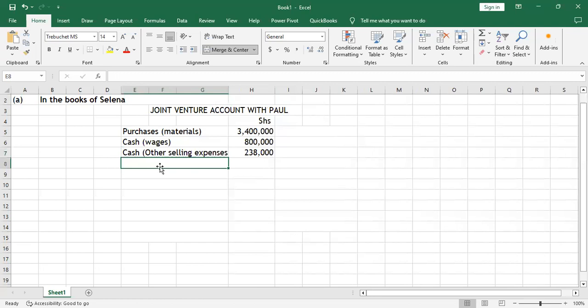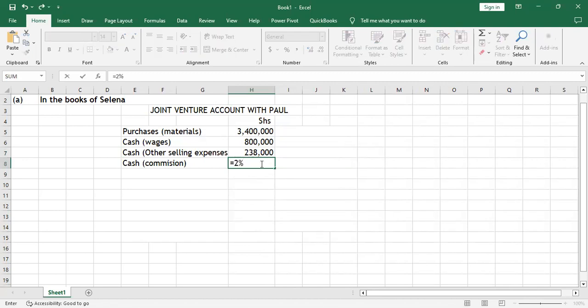Of course, we have to get the commission, don't forget. Cash, brackets commission. We have been told that they are entitled to commission of 2% from sales. So the sales made by Selena, that is 6,780,000. So we have that as our commission.